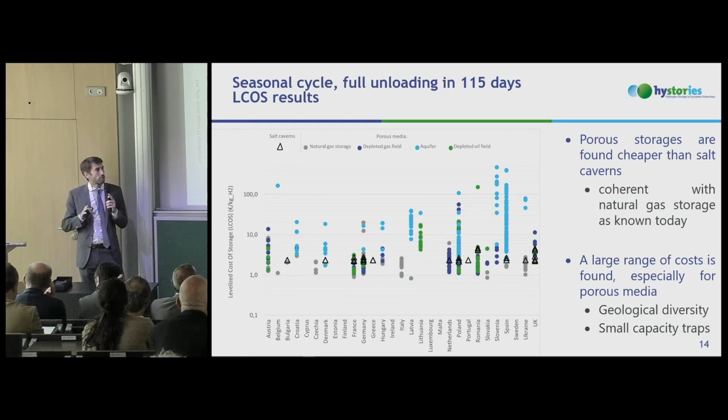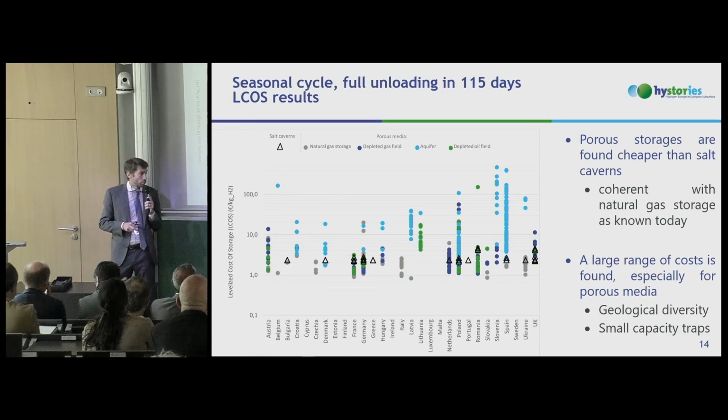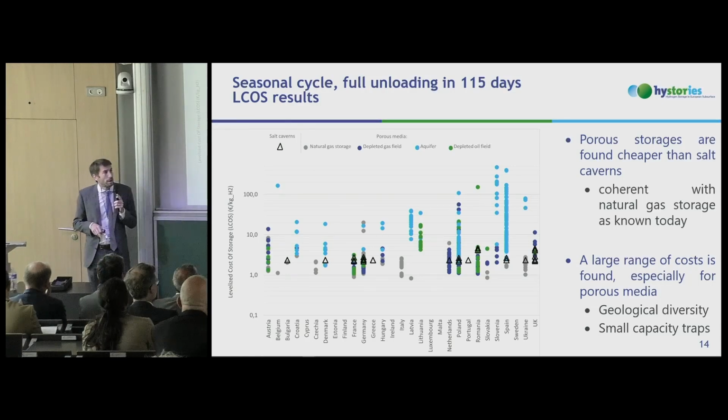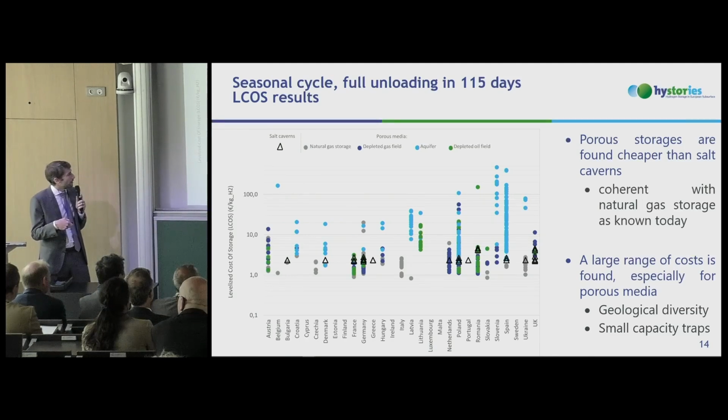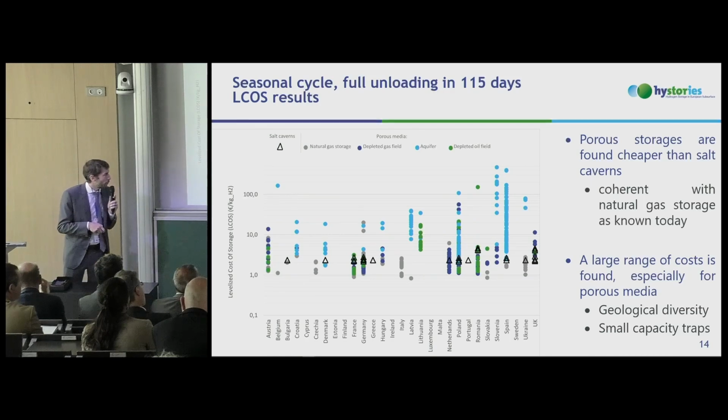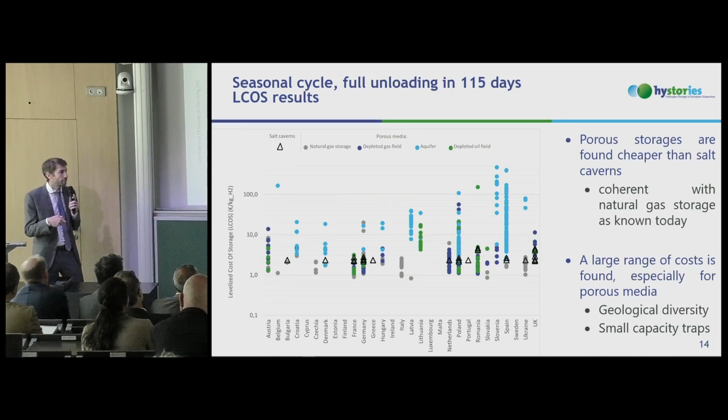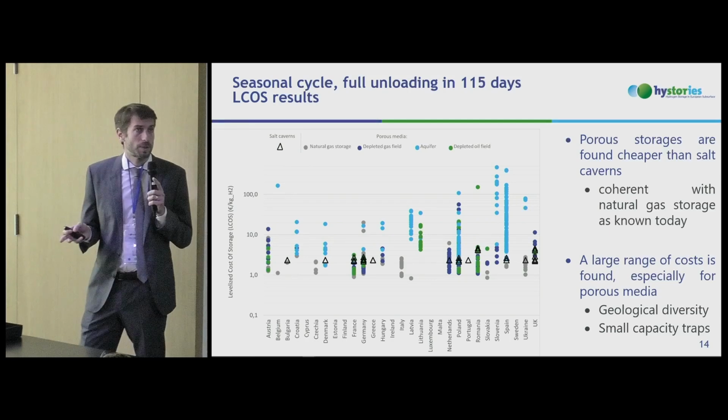So we also applied the cost model to 19 bedded salt deposits throughout Europe and 2 salt domes in Europe, using the SMRI database work. We find that for these seasonal cycles, in many of the countries, depleted or aquifer porous storage are cheaper than salt caverns. This is the result we got.